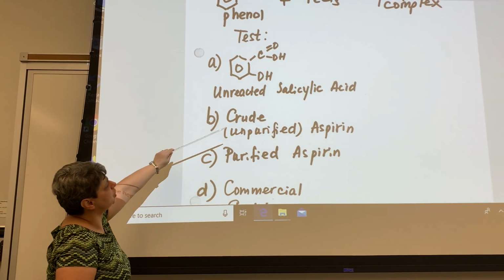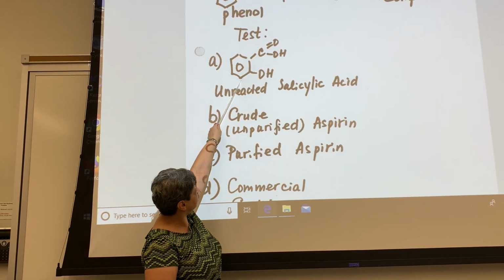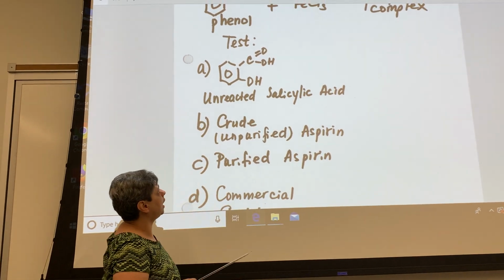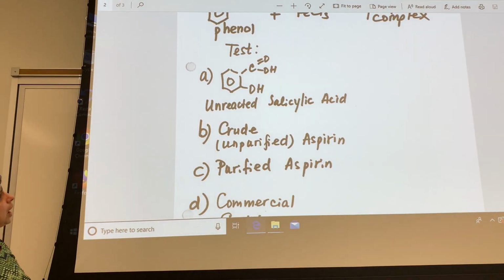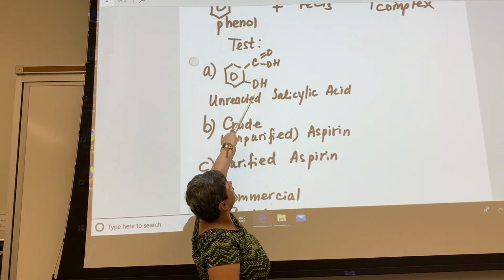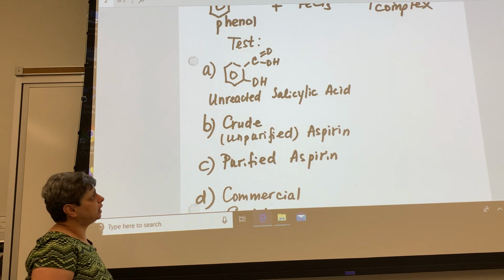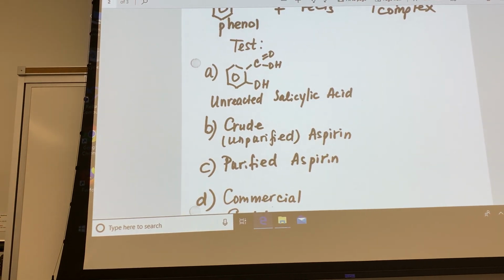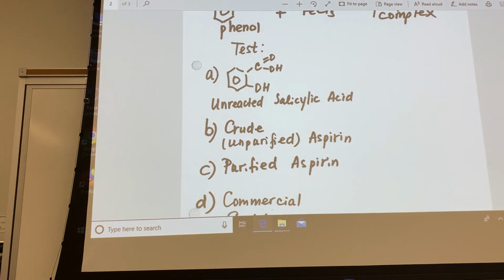Starting with original or unreacted salicylic acid. Salicylic acid is used here as a reactant, and obviously you can see phenol here. We discussed the fact that salicylic acid does contain phenol, so you can make your own conclusion as to whether or not you would expect a purple color here.